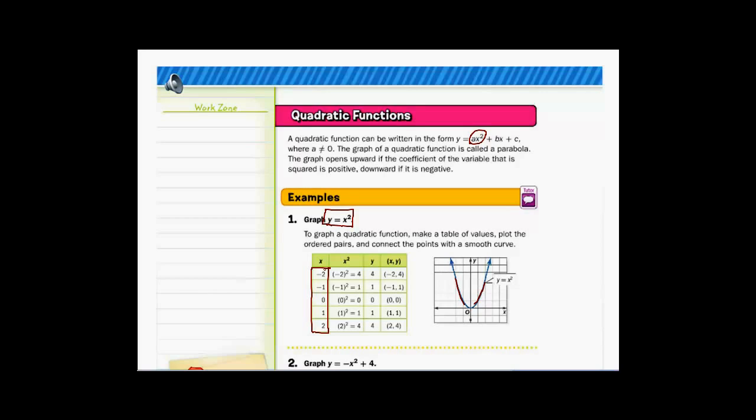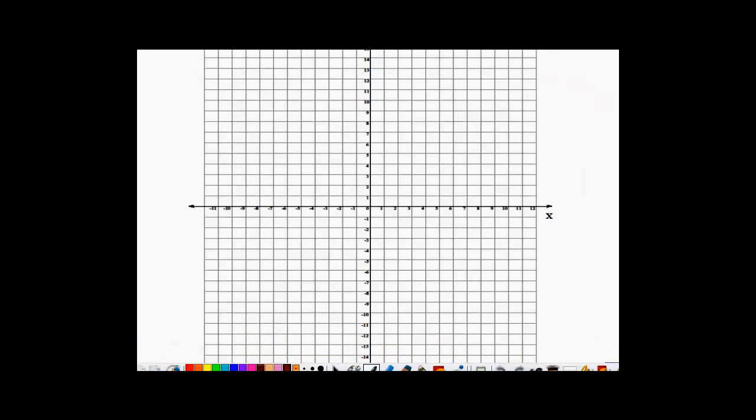Okay, so whenever I say I want -2, -1, 0, 1, 2, let's get to a graph here real quick. So we have y equals x squared, and if I say I want -2, -1, 0, 1, 2, that just gives me some negatives, 0, and some positives. All right, so if I put in -2 for x, now notice that this is x squared.